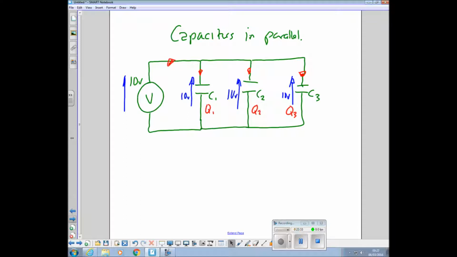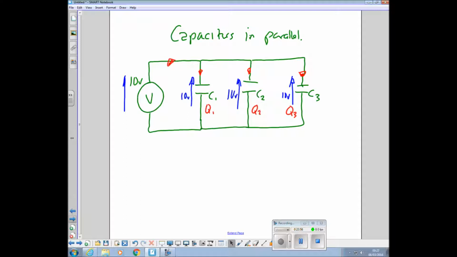So they're not necessarily all the same value. They will be if all the C values are the same, but if they're different then the voltages will be the same on all of them, but not necessarily the charges.